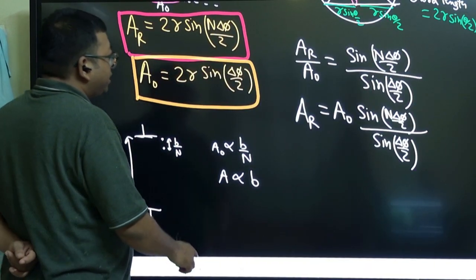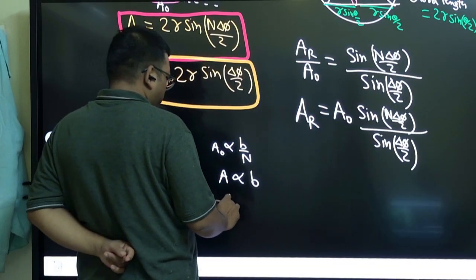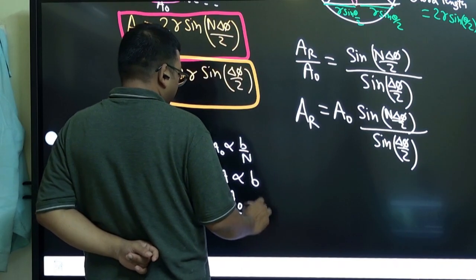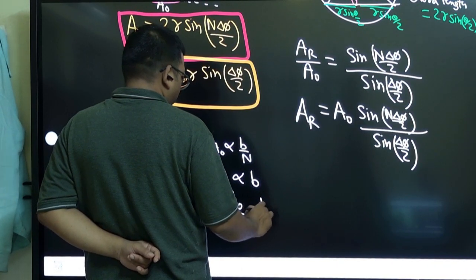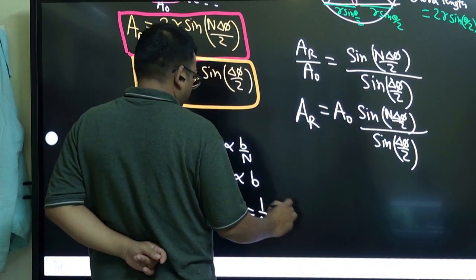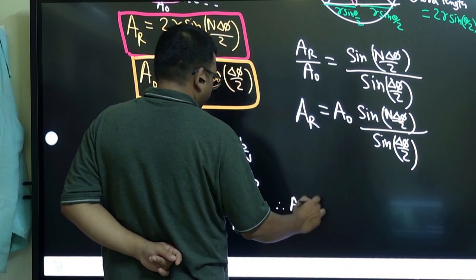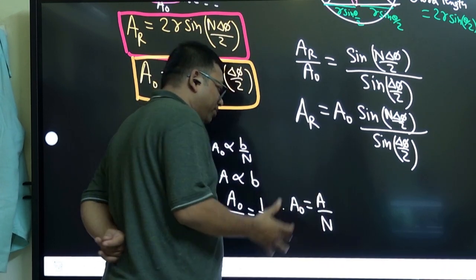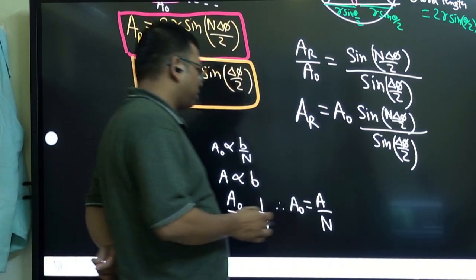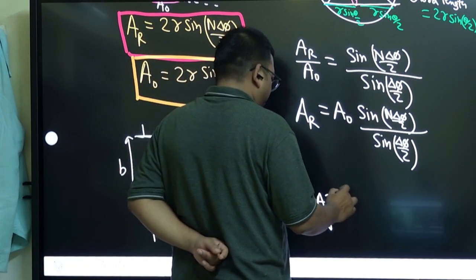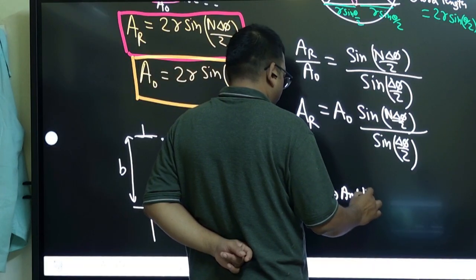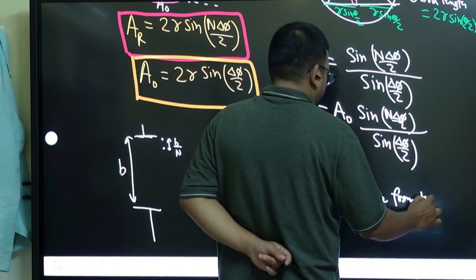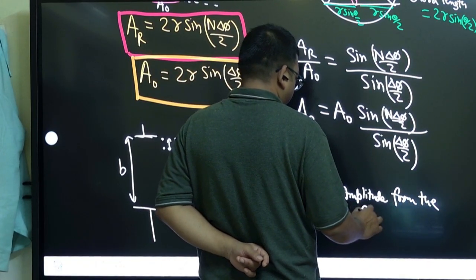So now if I take this ratio A naught by A, I can write this as 1 by n. So A naught can be written as A by n. What is A? A is the amplitude from the entire slit.